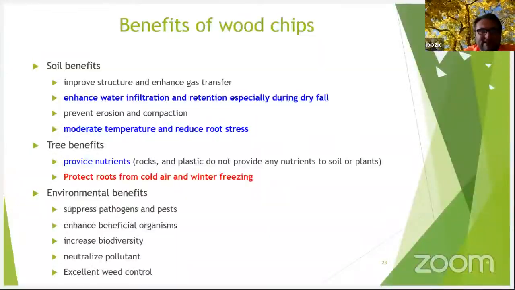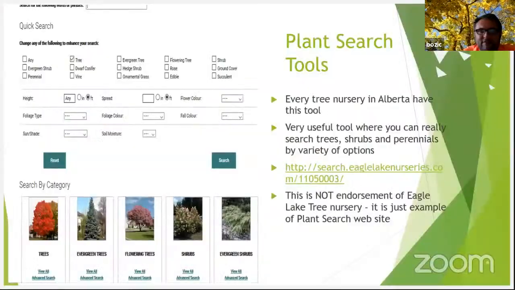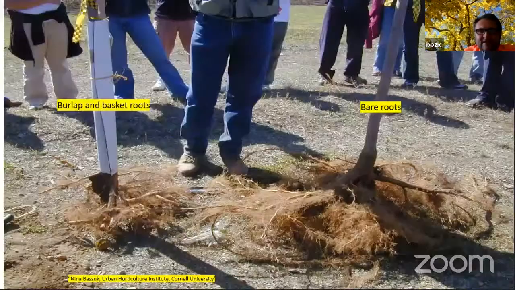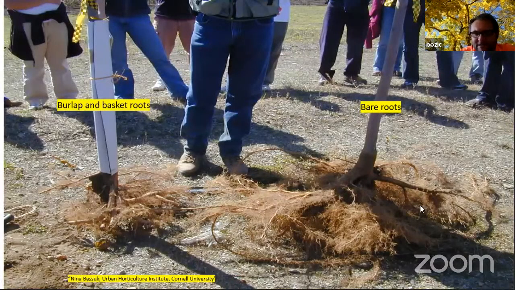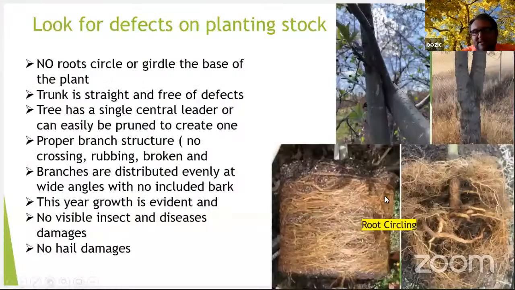Try to get this, folks, if you can, from the nursery. If you tell them, I want you guys to dig this up, I don't want it cut with the spade and put in burlap in basket, I want this. That's probably the best thing you can do.